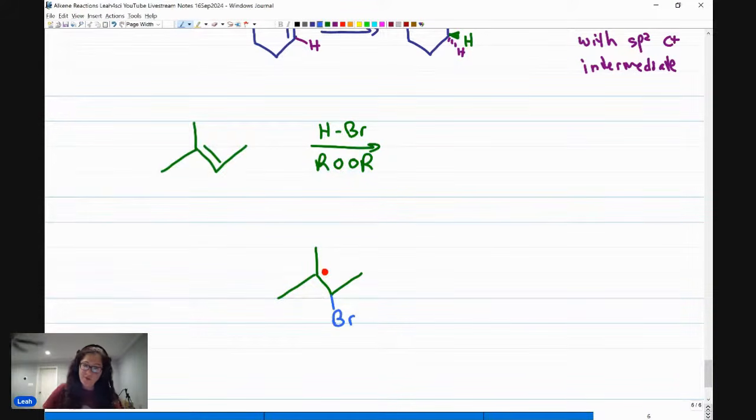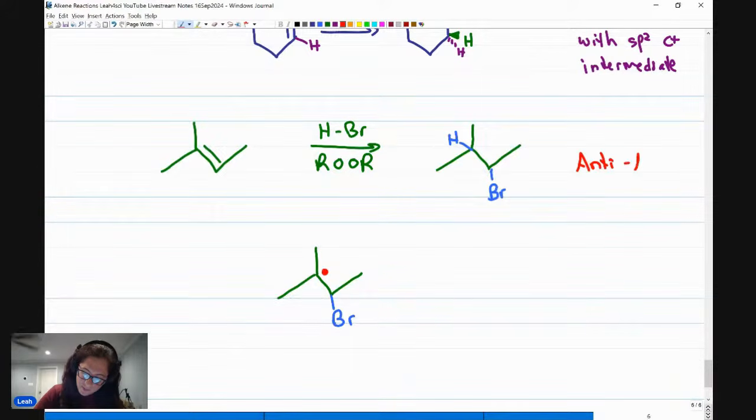So after bromine adds at the less substituted position, because the radical can add at the more substituted position, the final step when the hydrogen adds is not because the hydrogen cares about where it's going. It's simply the next step in the reaction, which is not a nucleophile in this case because we're dealing with radicals, but it's going to add to the open position. That means we get the hydrogen adding here, the bromine adding here, making this an anti-Markovnikov reaction.